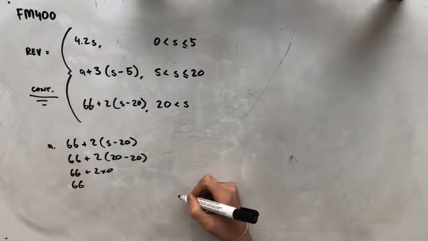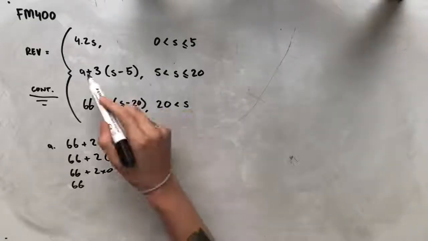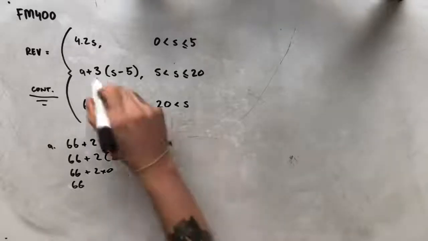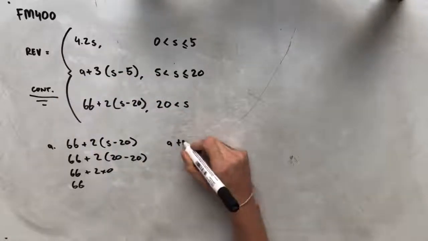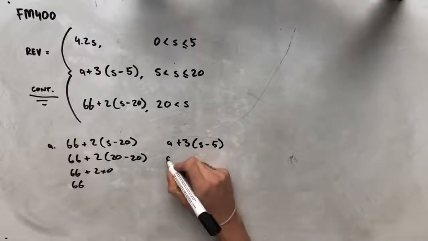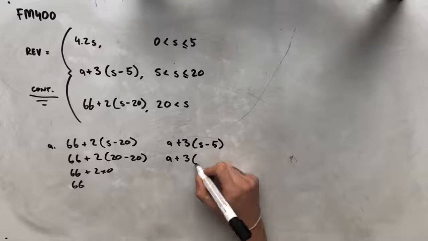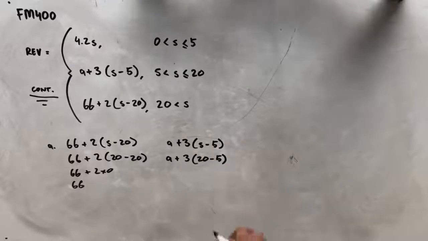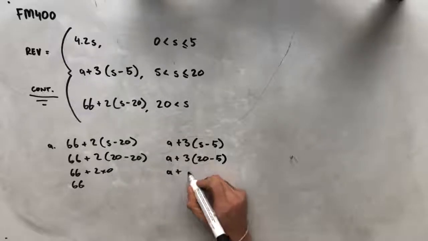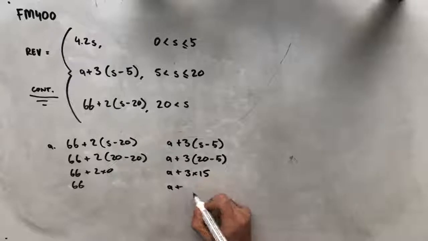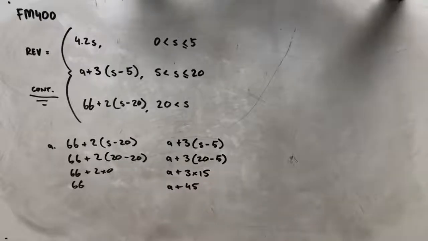If we also substitute 20 succulents into this equation here, A plus 3 times S minus 5, we would have A plus 3 times 20 minus 5, which would be A plus 3 times 15, which would be A plus 45.